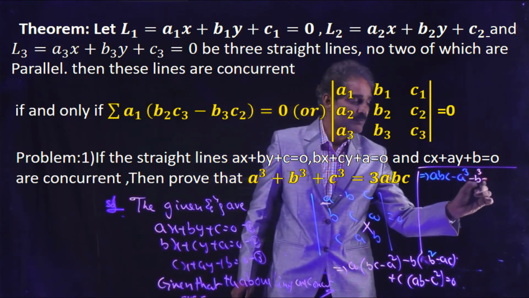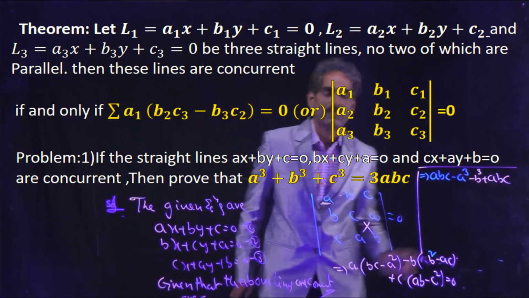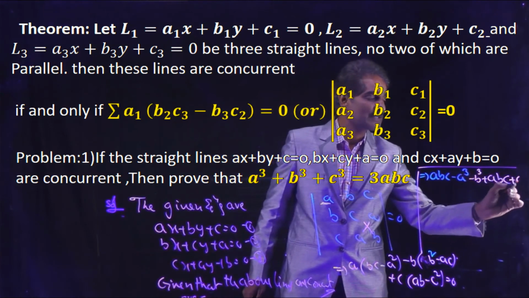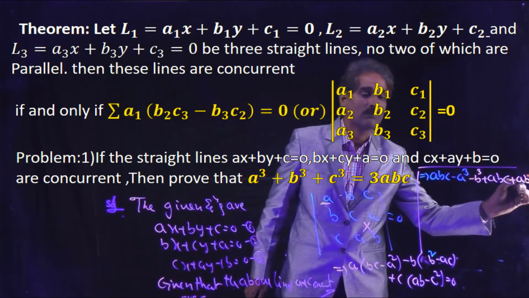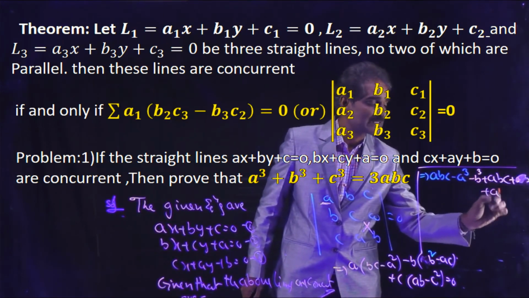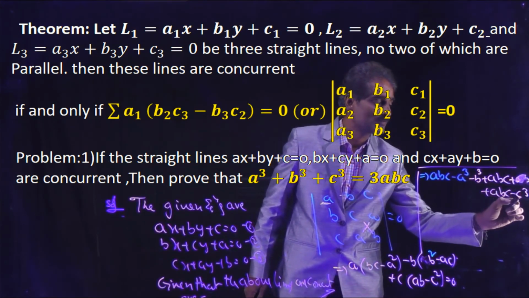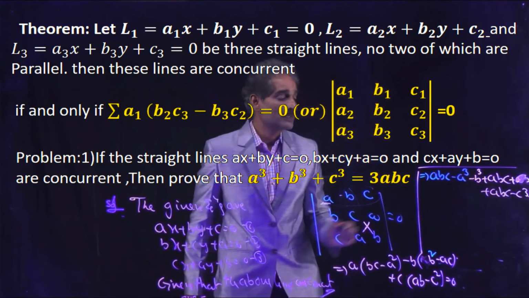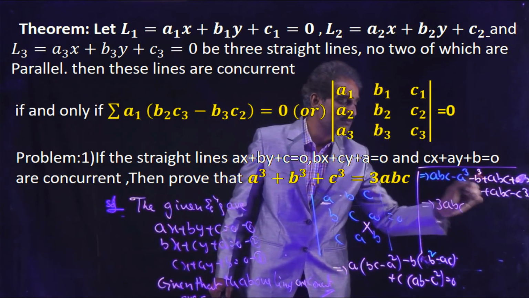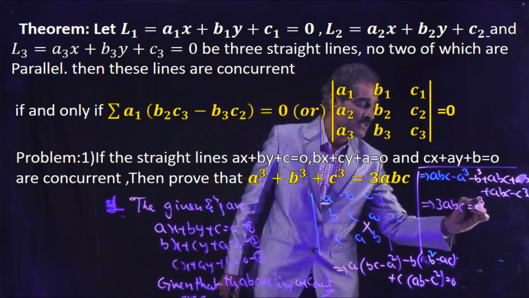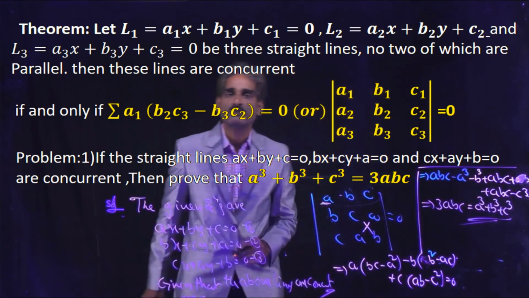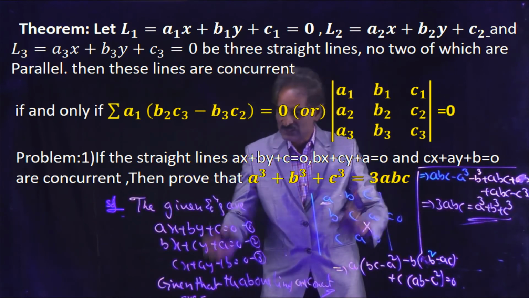Next, plus ABC minus C cube, is equal to 0. This implies 3ABC is equal to A cube plus B cube plus C cube. So this is the condition when the three lines are concurrent.